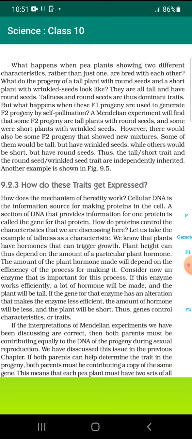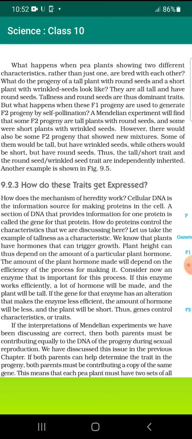A Mendelian experiment will find that some F2 progeny are tall plants with round seeds and some are short plants with wrinkled seeds. However, there would also be F2 progeny that show new combinations.